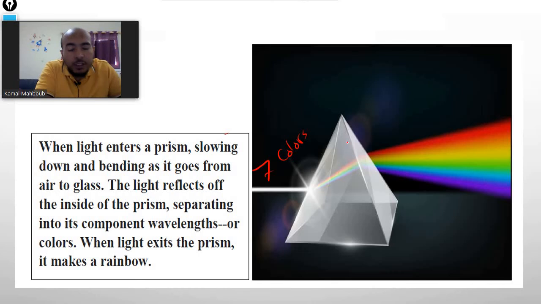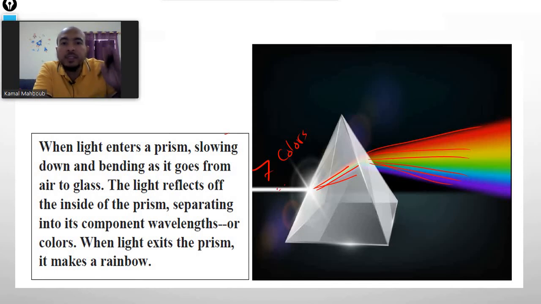When it enters the prism, it slows down and bends. Can you see that? It bends and gets out again with all colors, because these colors are in fact there at first. But when they enter the prism, the prism makes each of these colors slow down at different speeds and they get out as different colors like that.